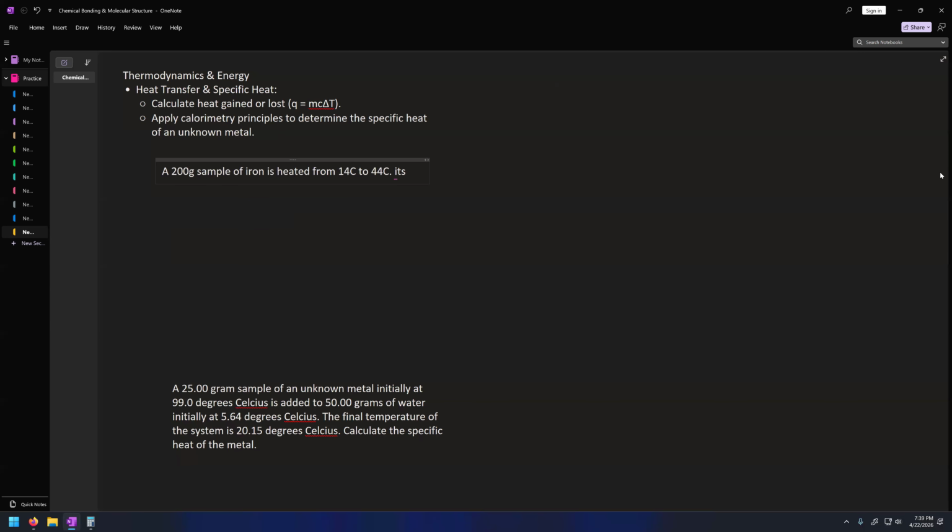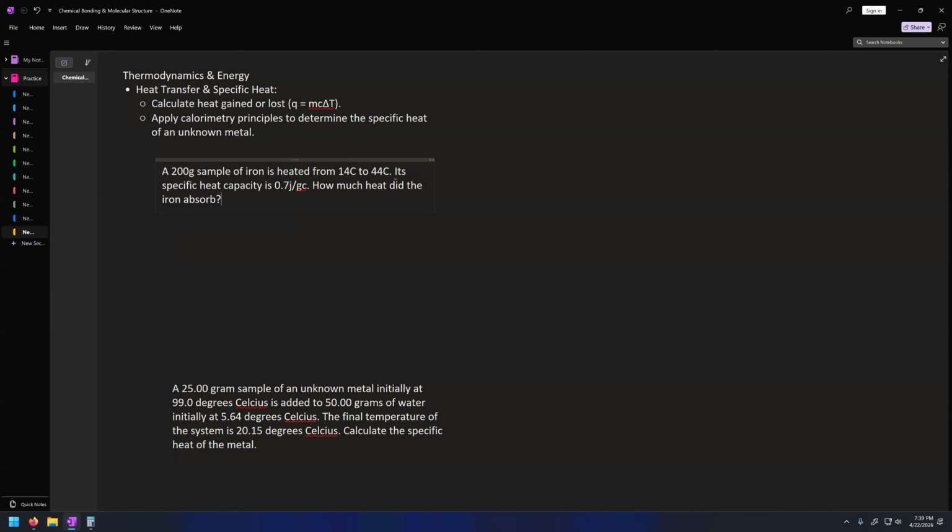Its specific heat capacity is something small because it's a metal, 0.7. Why not? That's not the exact heat capacity for iron, but it's good enough for now. And that, of course, is in joules per gram Celsius. How much heat did the iron absorb?